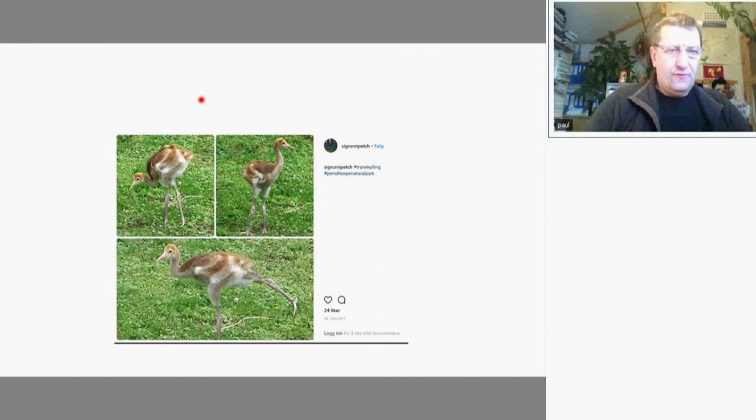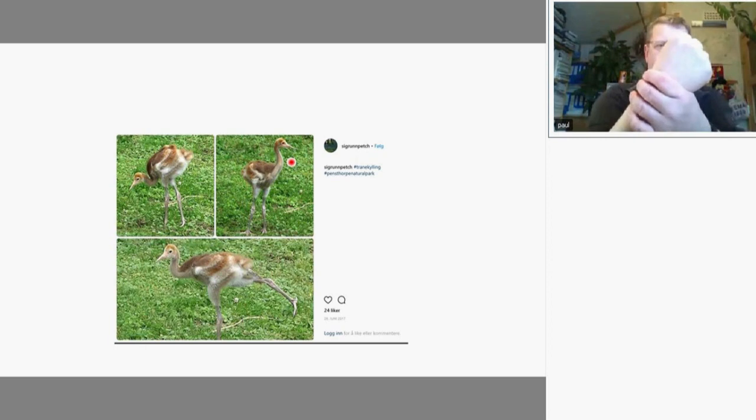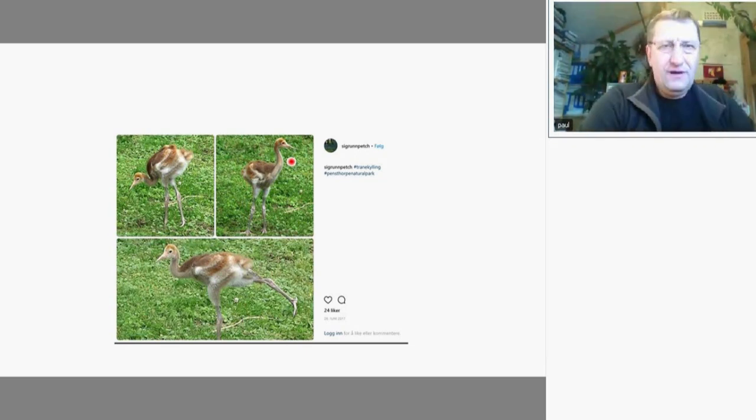So, just showing you the chick of a crane. The egg is a little bit less than my fist, so it's something like this. It's a big chicken egg, so to say. Like I said, 2 or 3 eggs, and the chick is hatched with very long legs and very downy feathers, and it looks very nice.